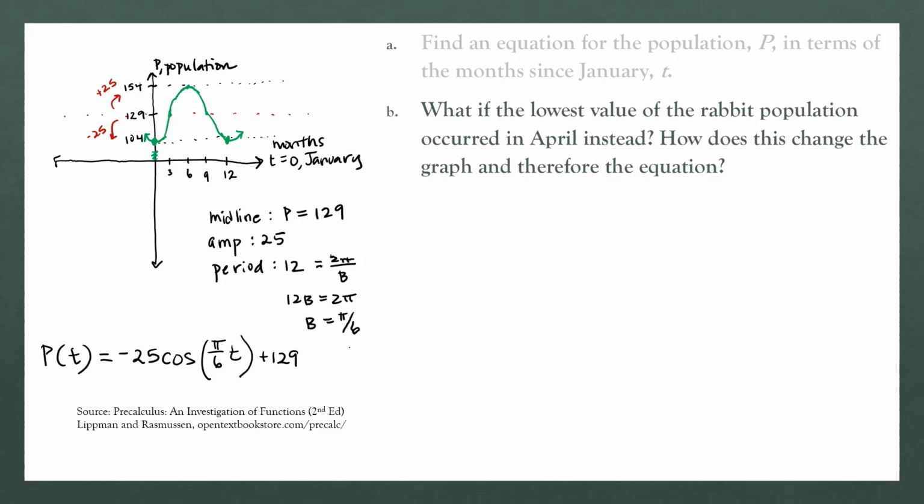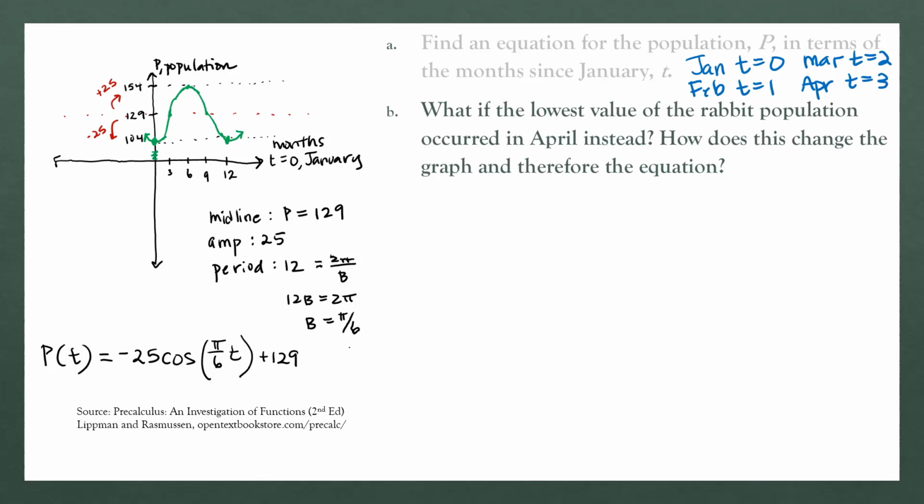So let's see, April is what month? Of course, we know it's the 4th month in the year, but let's just make sure that if January is t equals 0, then February is t equals 1, March is t equals 2, and actually April is t equals 3.